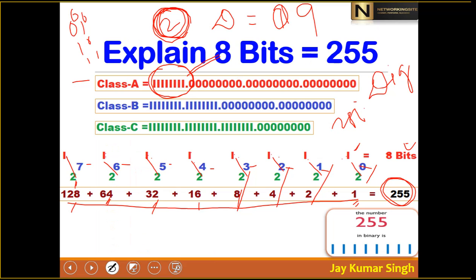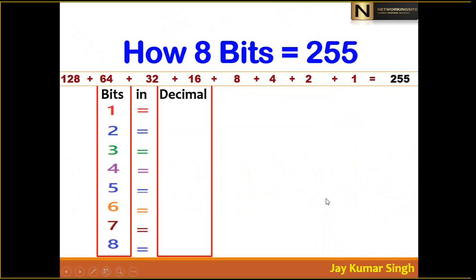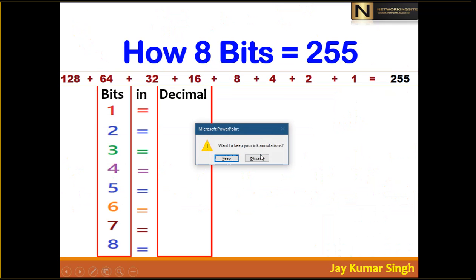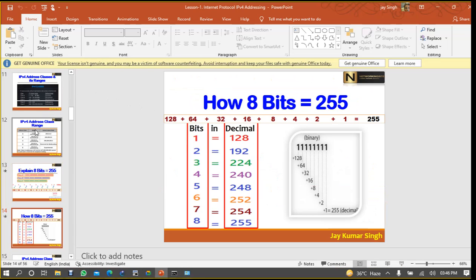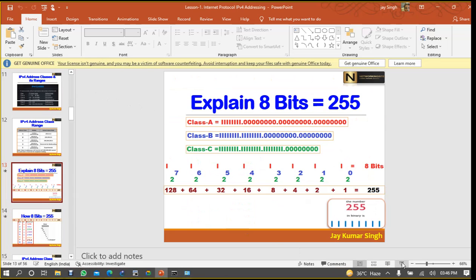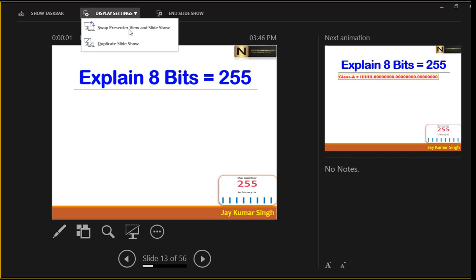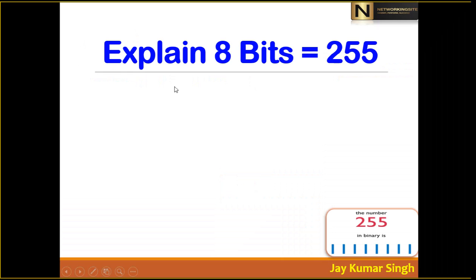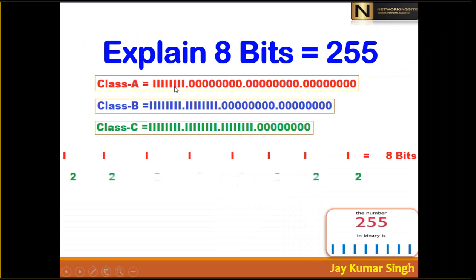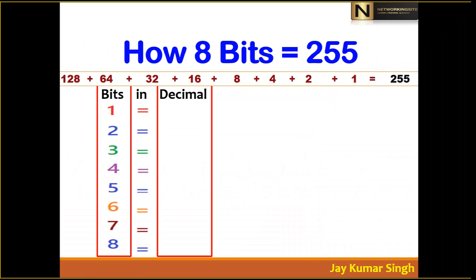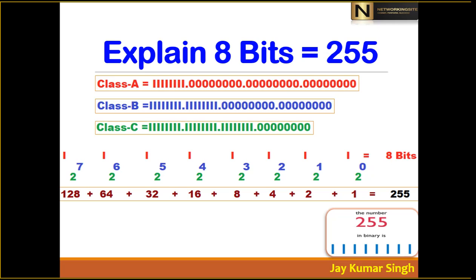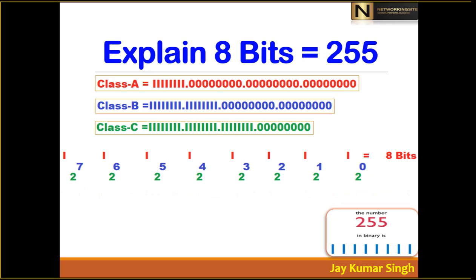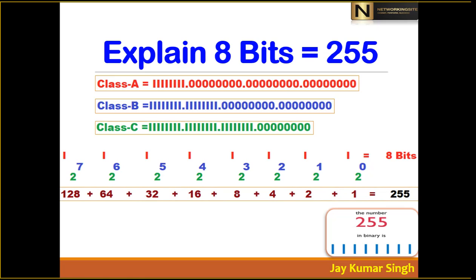Now my question will come: here we came to know that 8 bit equal to 255, right? But if I have 3 bits only, then what?